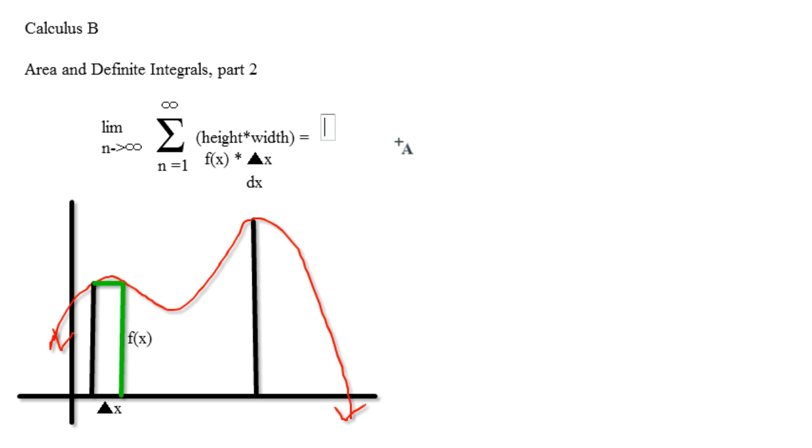Alright, so when we're doing definite integrals, this becomes something different. This whole formula right here will actually turn into something that we've seen before. Pretty cool, huh? The f of x would be changing each time, but it would still be the same.